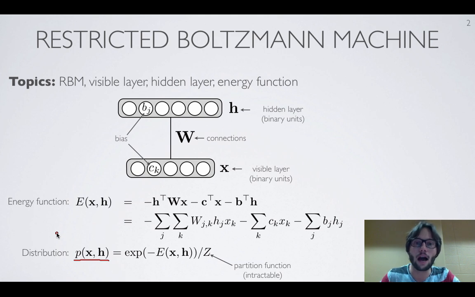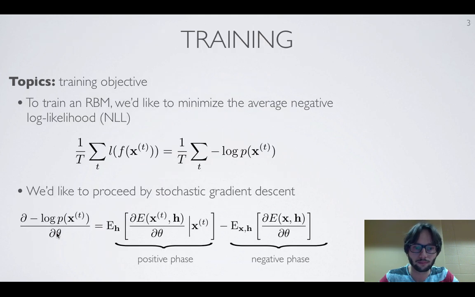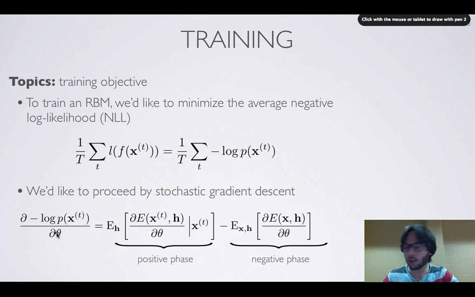Let's actually see how we can train a restricted Boltzmann machine on some training data in order to obtain a restricted Boltzmann machine that models well that data and assigns high probability to it. So, like we've seen before, we'll treat this problem of training as an empirical minimization problem.